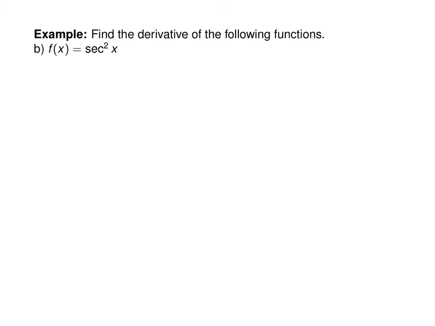All right, secant squared x. Similar idea, just notice that secant squared is actually secant of x to the second power. So there the outer function is the squared function.